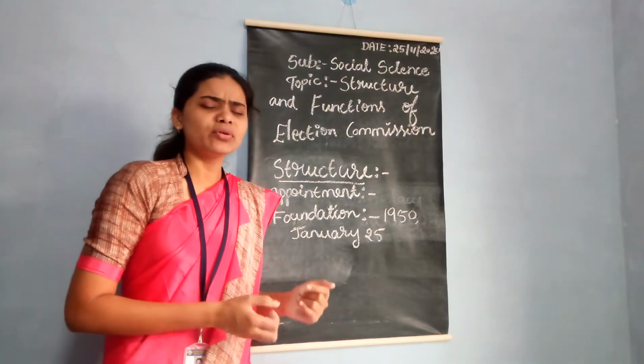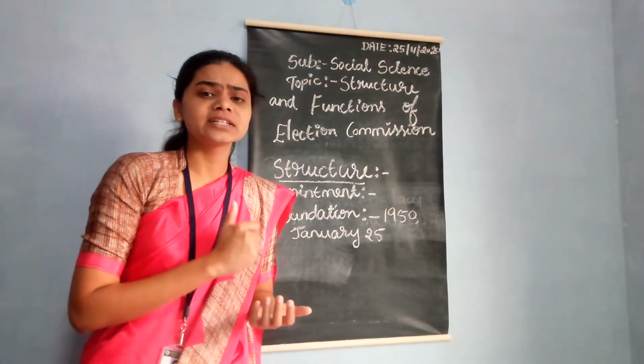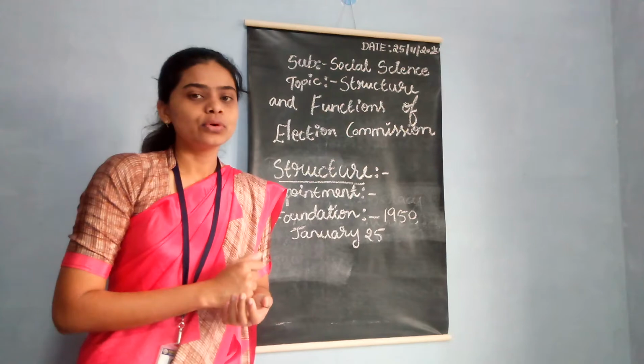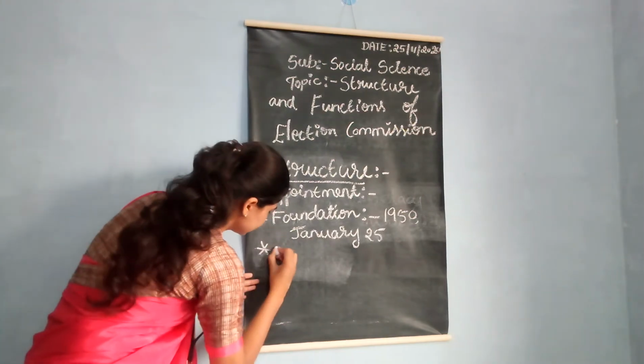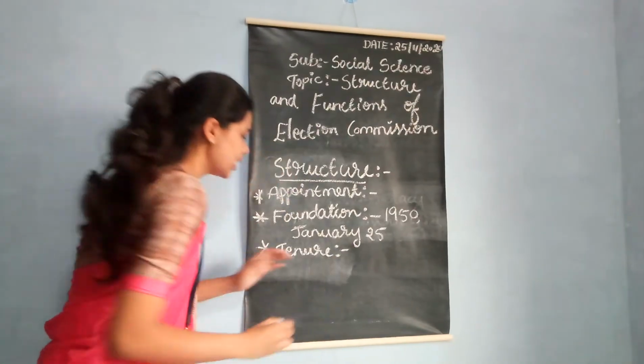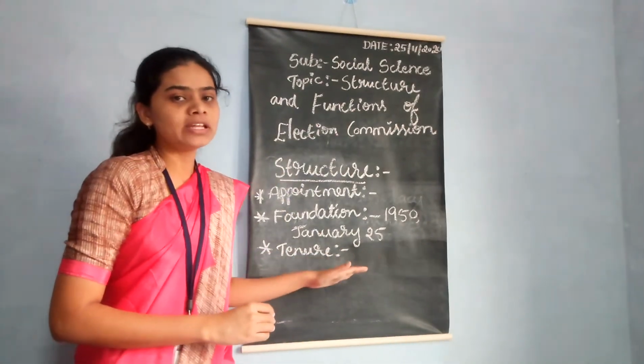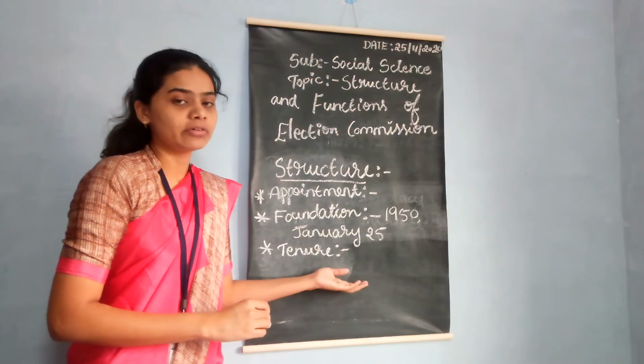Next thing, we have to know how many years these election commissioners are in power. So, the tenure of the election commissioners. The tenure is nothing but the duration, how many years they are in power.